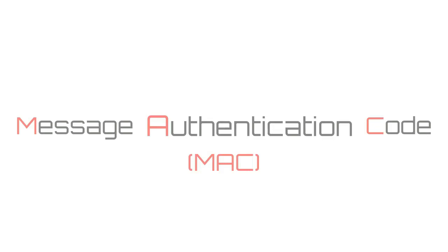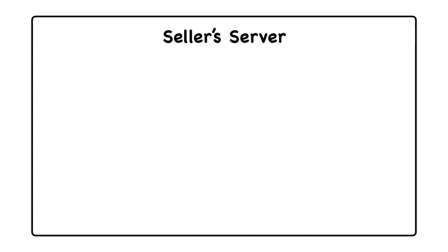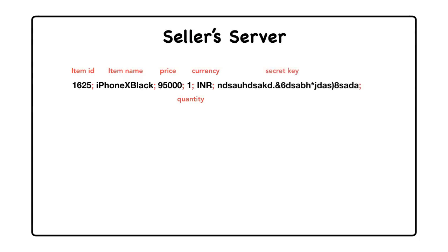The whole idea of MAC is that both the seller and the payment gateway agree on a shared secret key which is known only to the seller and the payment gateway and to no one else. So basically, the server of the seller is simply going to calculate a hash value by first appending all the parameters such as the item ID, price, quantity, discount, etc. and finally appends the shared secret key to this string.